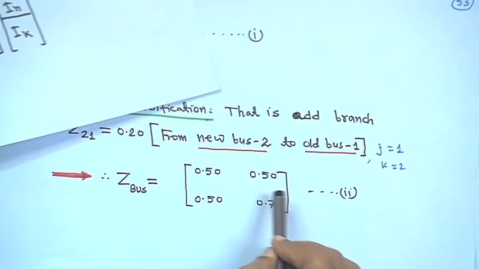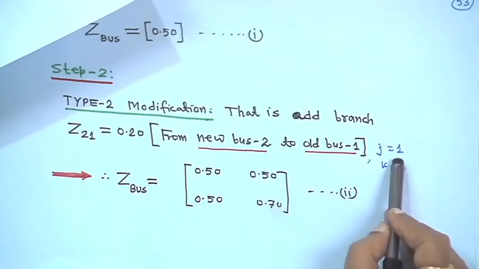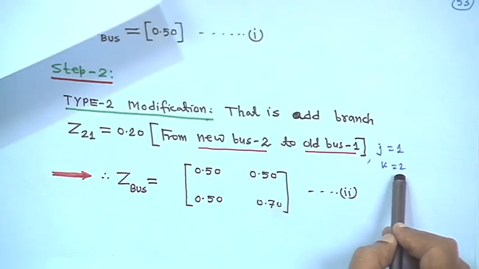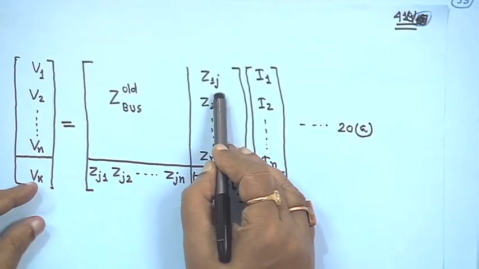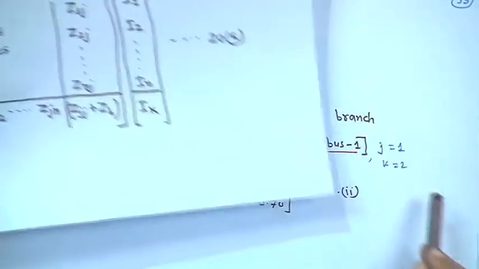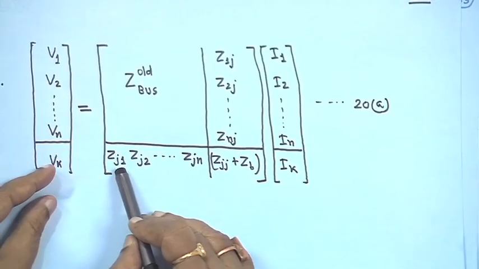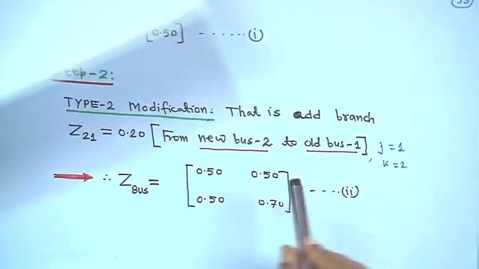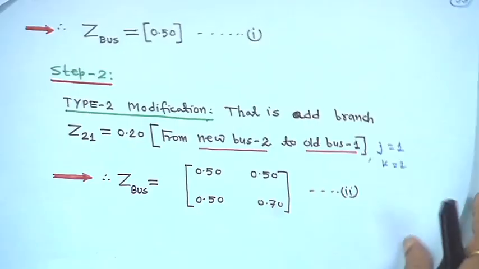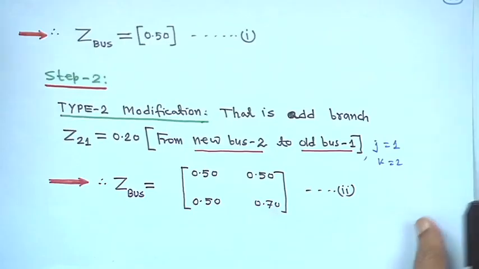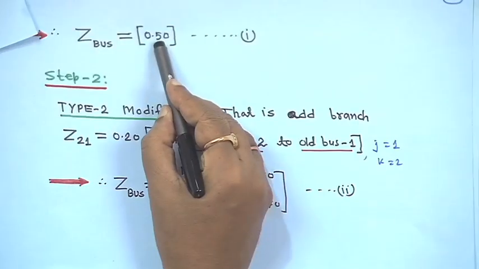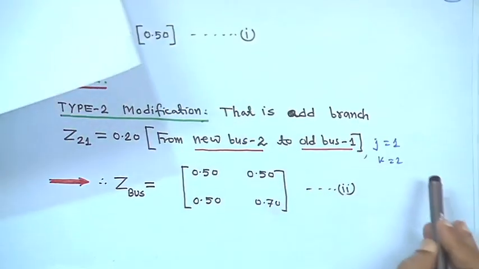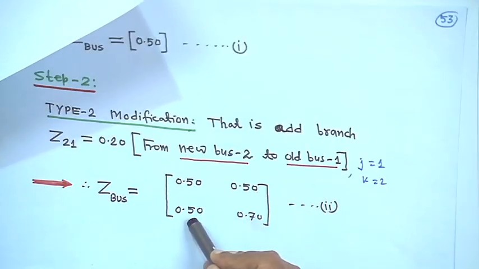So Z, when j is equal to 1 and k is equal to 2, it will be Z11 here, and here also it will be Z11. The previous Z11 is actually 0.5, the first Z bus we got. So it will also be Z11.